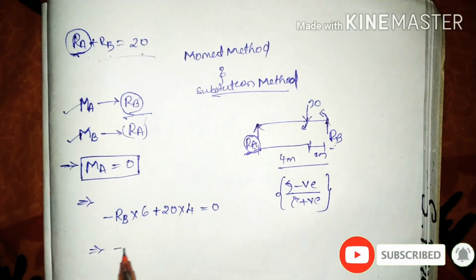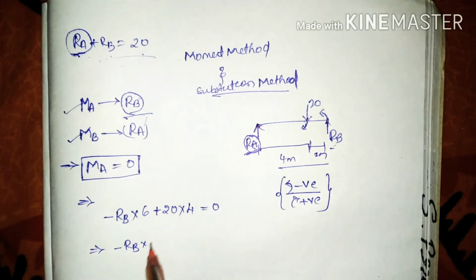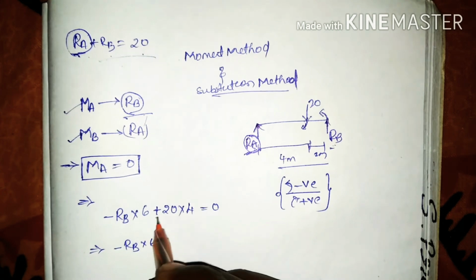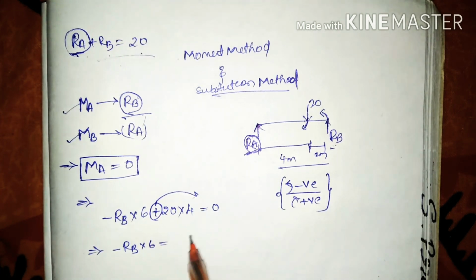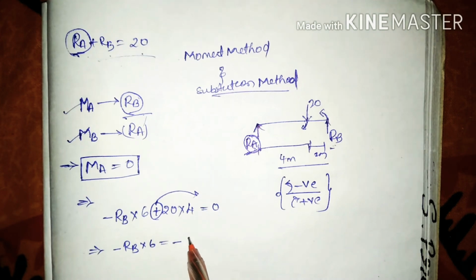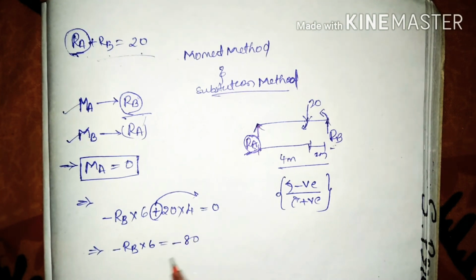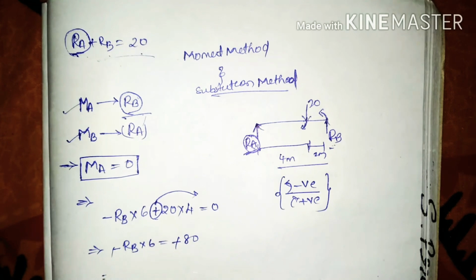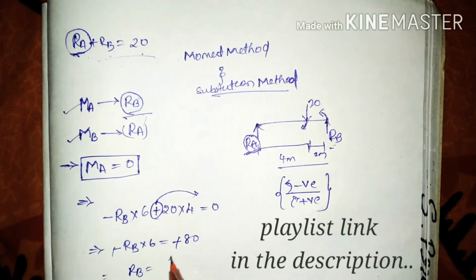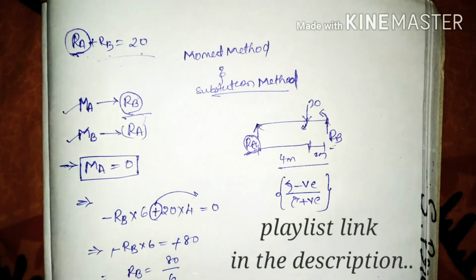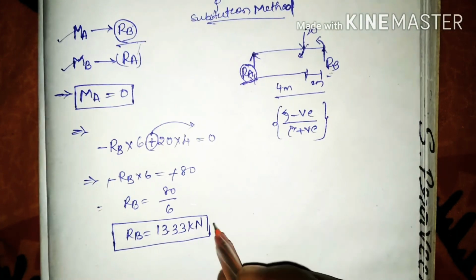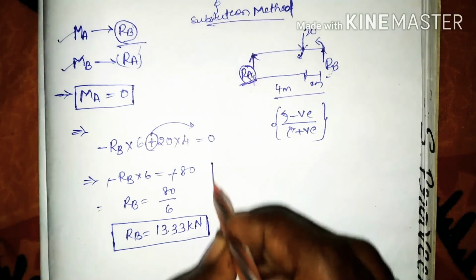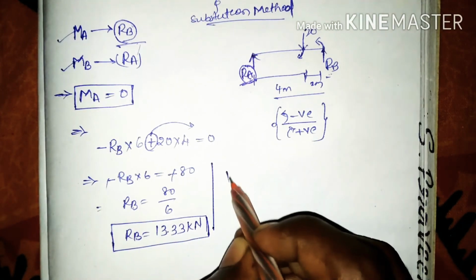That is equal to minus RB into 6. If I send the minus sign after the equals, it becomes negative, that is 20 into 4 is 80. Minus cancels, and RB is equal to 80 by 6. The RB value is going to be RB is equal to 13.33.